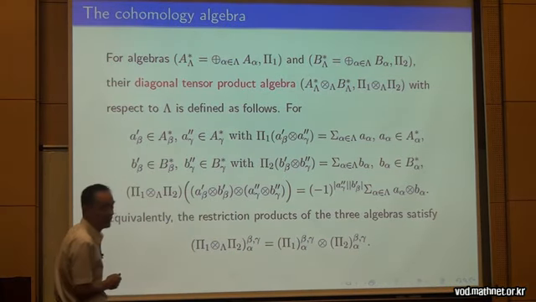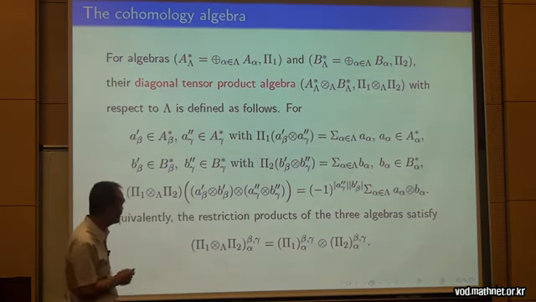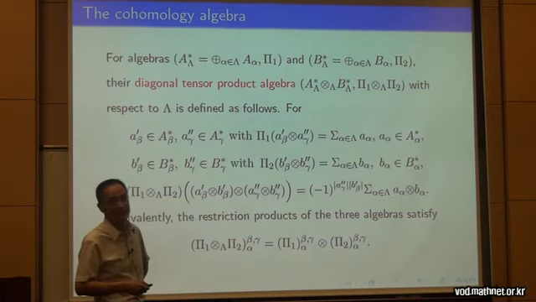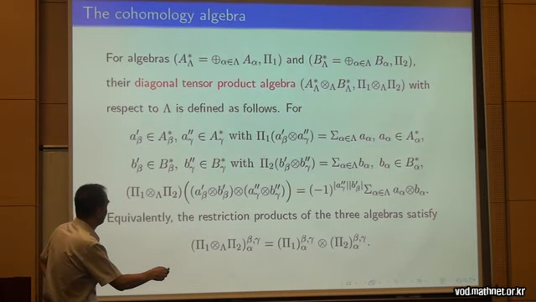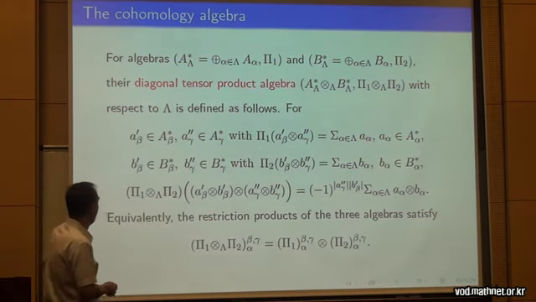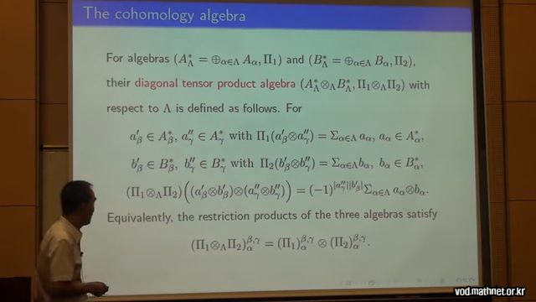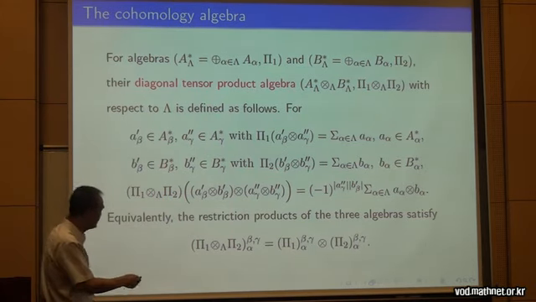The group is the usual diagonal tensor of groups. The product is, of course, a little different. For A, this, and B, this, their diagonal tensor product is this. It looks a little bit complicated, but in fact it's very easy.